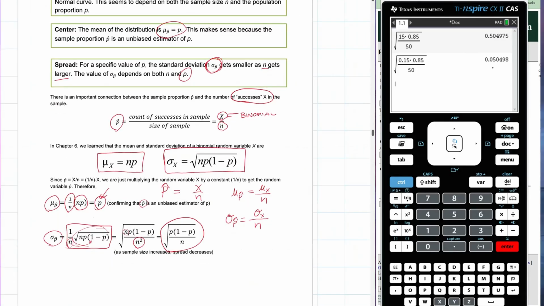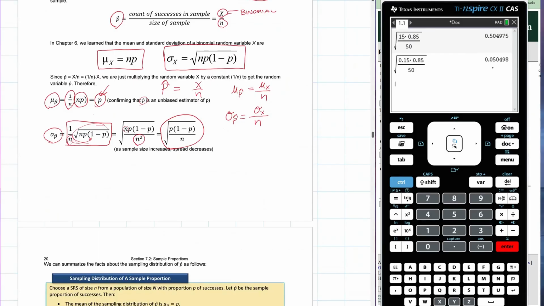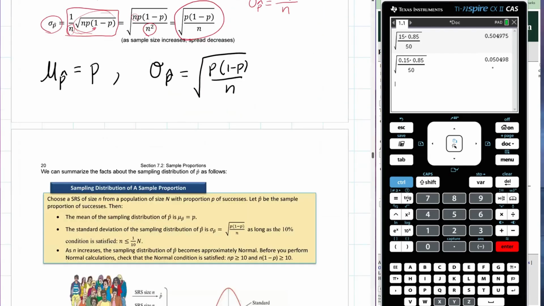All the stuff that I've circled here is in your formula sheet, but you would be really wise to memorize it. Let me say that one more time. You'd be wise to memorize that the mean of the distribution of sample proportions is the same as the population proportion itself. That the standard deviation of the distribution of sample proportions is equal to the square root of p times 1 minus p over n. All right, so let's summarize it all.